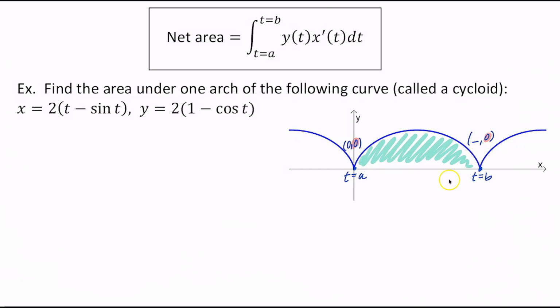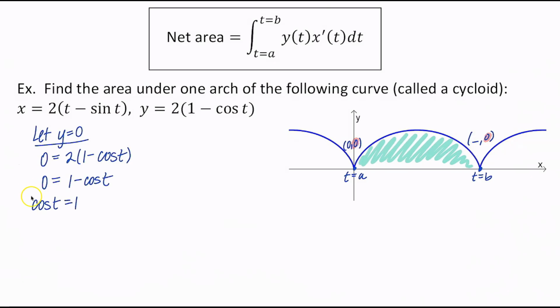So in order to solve for a and b, what I need to do is let y equal 0. So 0 equals 2 times the quantity 1 minus cosine t. Here I can just divide by 2, so I'm really solving 0 equals 1 minus cosine t, or when is cosine t equal to 1?